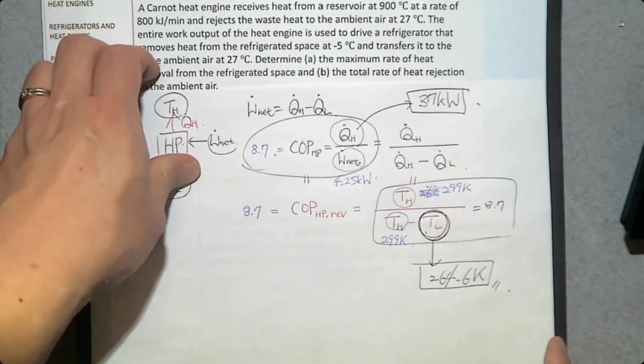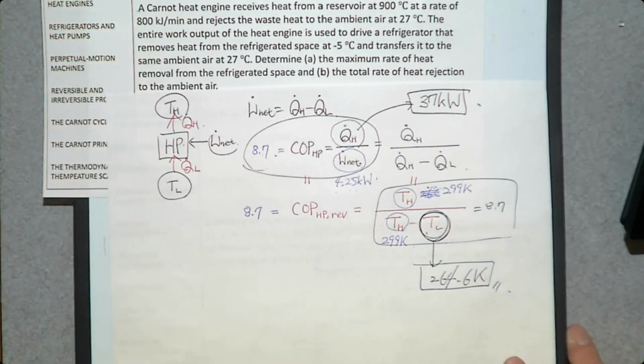The last one, we have a heat engine that receives heat from a reservoir at 900 degrees Celsius at a rate of 800 kilojoule per minute. So we have a heat engine.